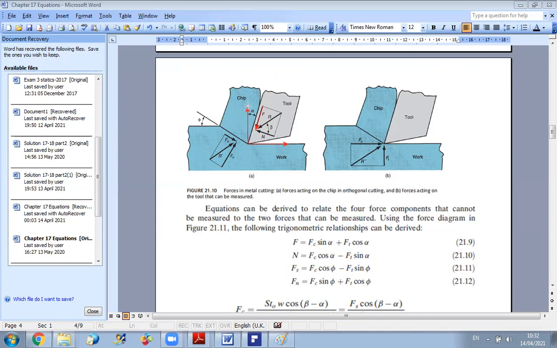And then I can say that if I want to decompose F in terms of Fc and Ft, because at the end, you have that the summation of forces is the same whatever you do.